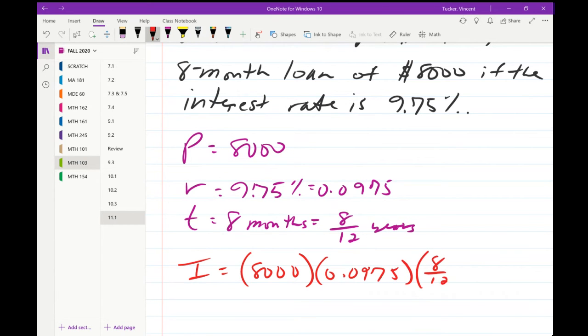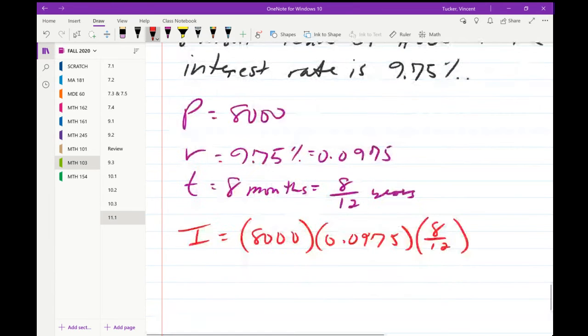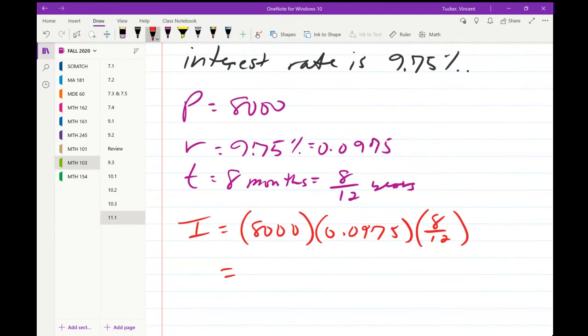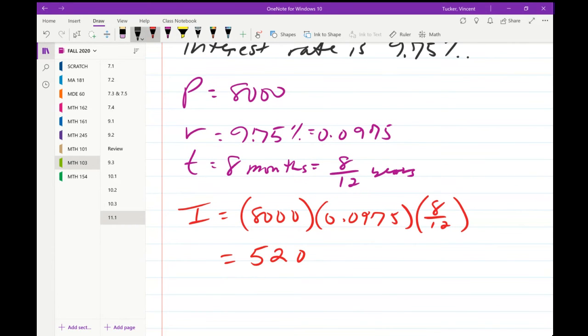8,000 times 0.0975 times 8 over 12. Multiply those three numbers together. That's 520. All right.